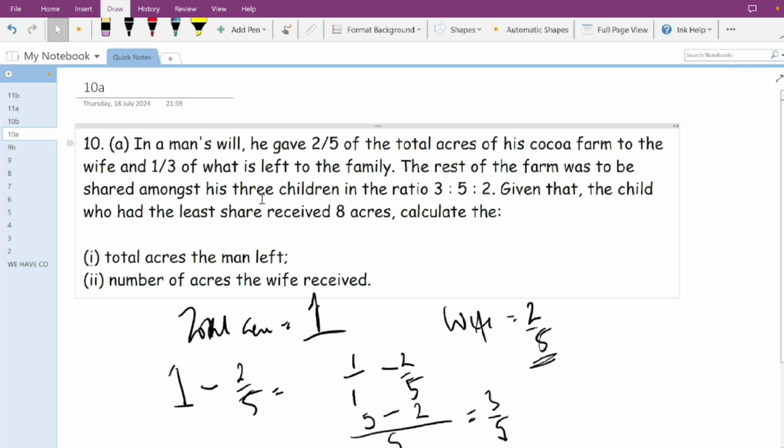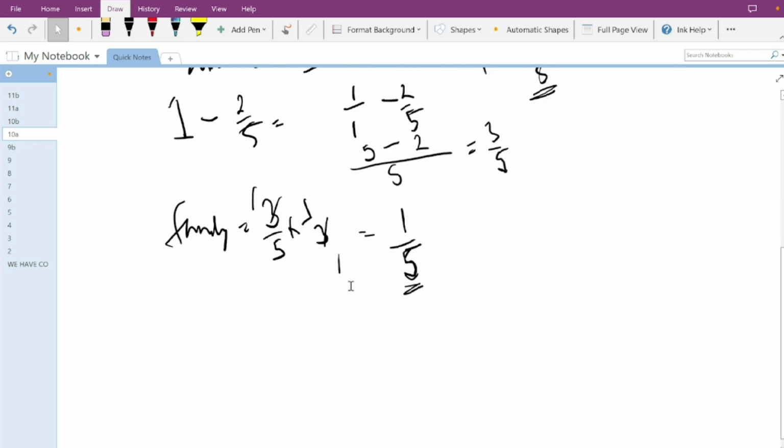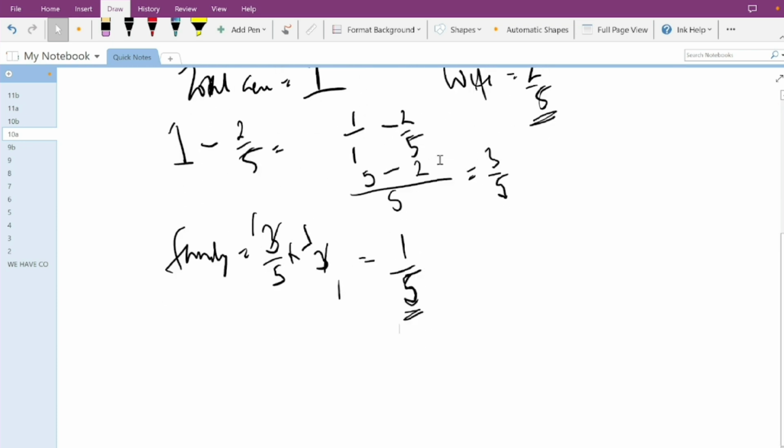The rest of the farm was to be shared amongst his 3 children in the ratio of 3, 5, and 2, given that the child who had the least share received 8 acres. Now we have to get what the children received. For you to get what the children received, you have to say the total, that's 1 minus the addition of what the wife received and what the family received to get what is left.